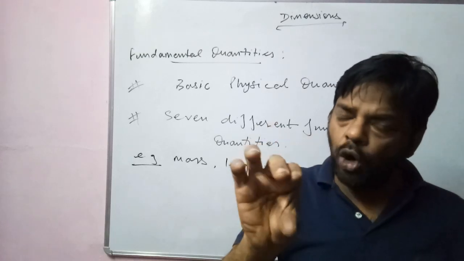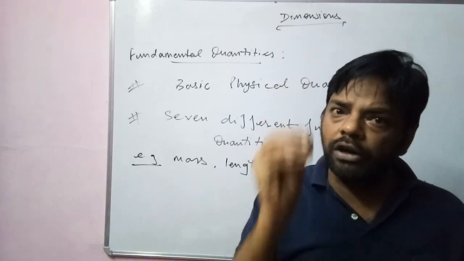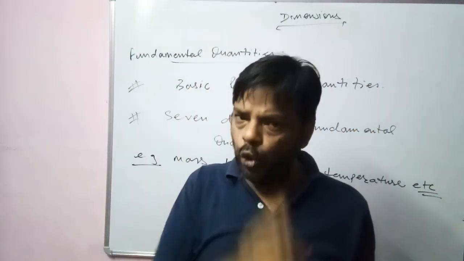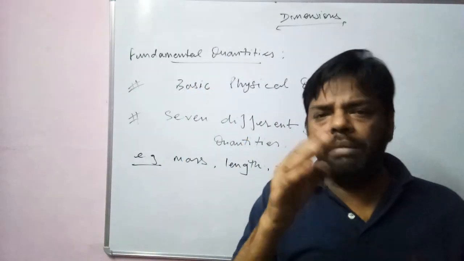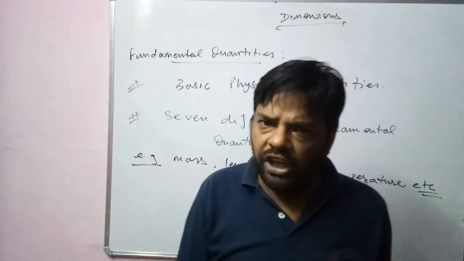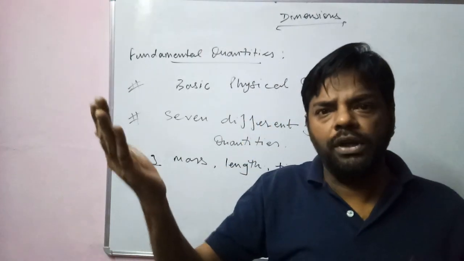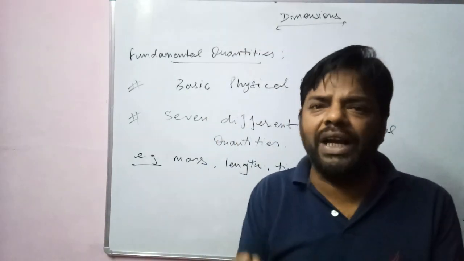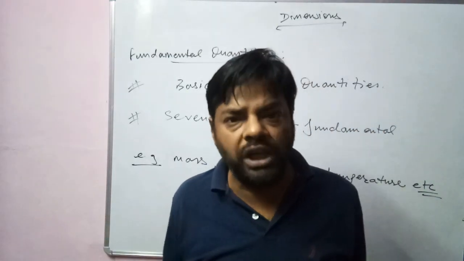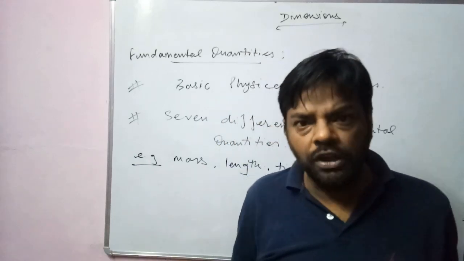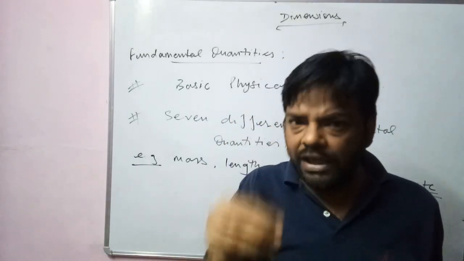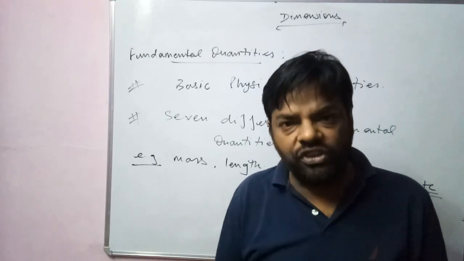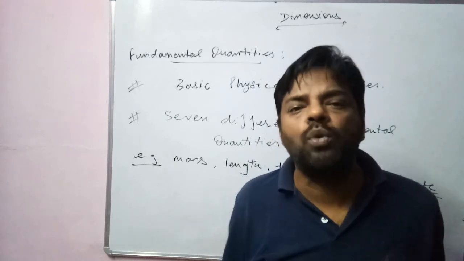The mass of the book remains the same, whether you observe it today or after 10 years. There is practically no change in mass. So this mass does not depend on any other physical quantity. That's why we say that mass is a fundamental quantity.